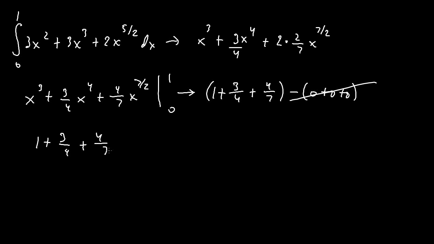If I combine all three of these into one fraction, the common denominator is 28. So we get 28 over 28 plus 3 over 4 turned into 21 over 28, and then plus 4 over 7 turned into 16 over 28. So 28 plus 21 is 49, and 49 plus 16 will give us a final answer of 65 over 28.